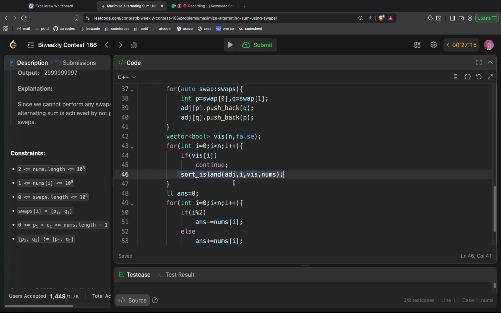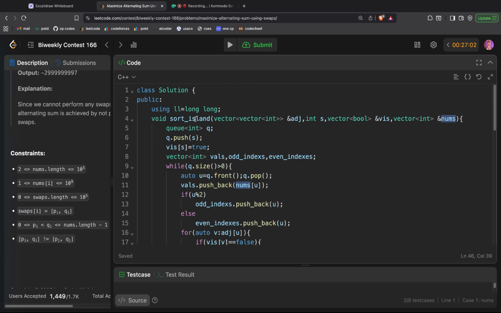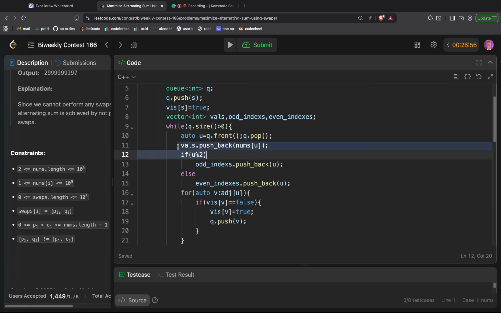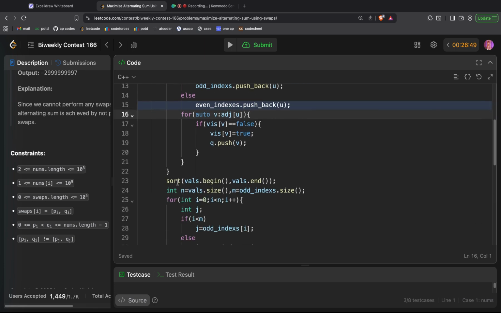So how the sort island works is this: it would first get the island. It would get all the values in the array, and then it would put the correct values in the correct slot to get the maximum alternating sum. So in sort island I do a simple BFS, and I get all the values, I get all the odd indexes, and I get all the even indexes, and then I sort all the values.